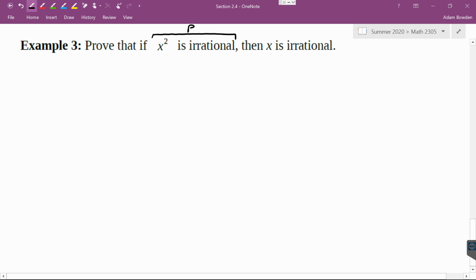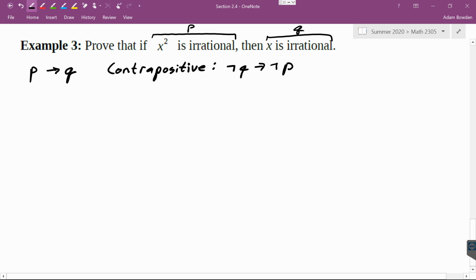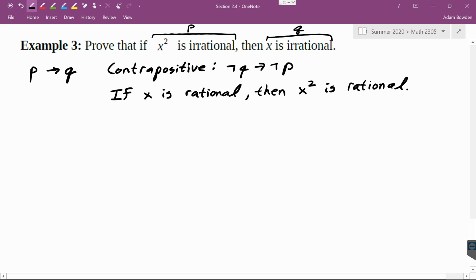So think about the two parts here as P and Q. Our statement is P implies Q. The contrapositive would be the statement not Q implies not P. Or in other words, that would go, if x is rational, then x squared is rational. So let's do the proof on this one.